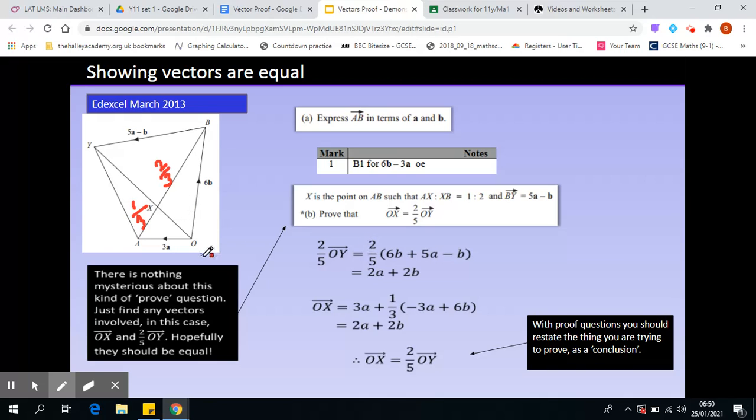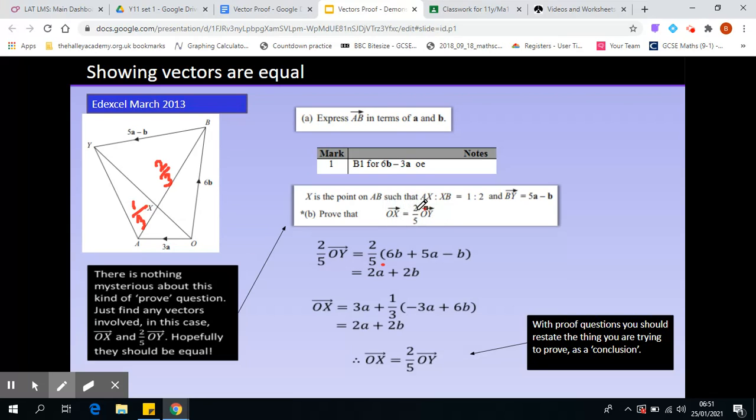We could work it out as OB and BY. OY is 6b plus 5a minus b. Simplifying it would give us 5a plus 5b, and 2/5 of 5a plus 5b is 2a plus 2b. Now, let's see how we can calculate OX.